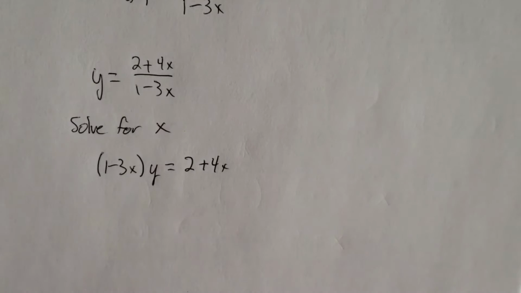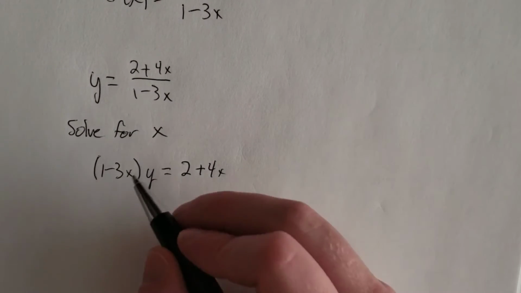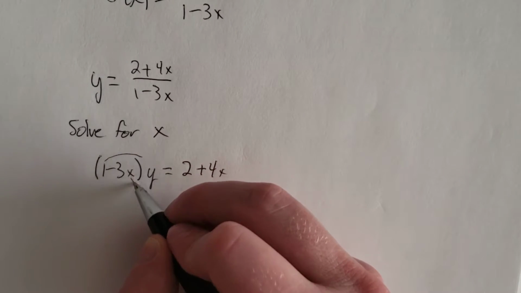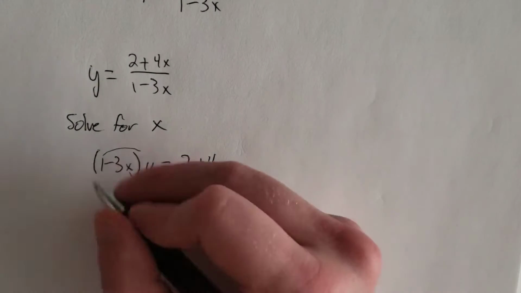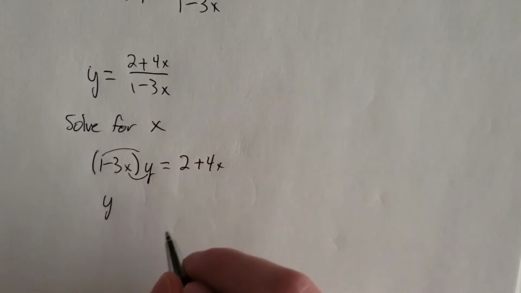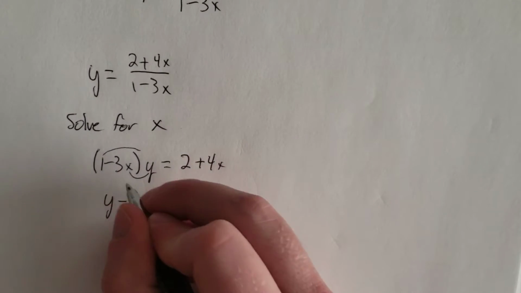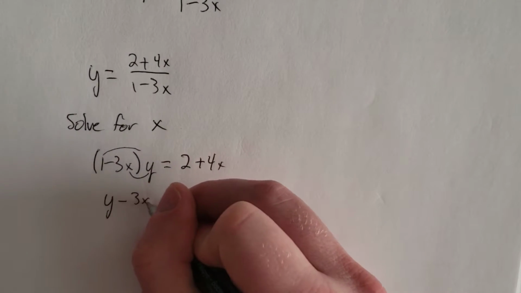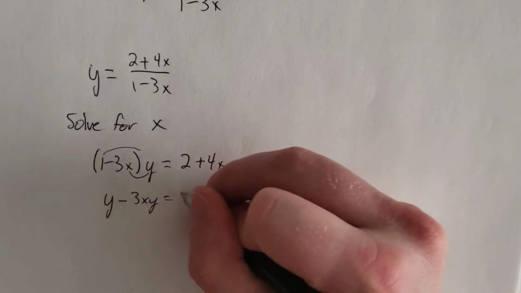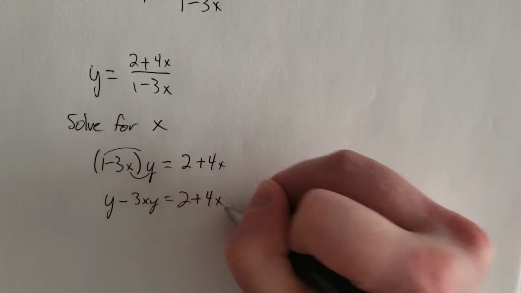Now we want to start moving all of the x's to one side and everything without an x to the other side. We can do that by first using the distributive property on the left. So this is y, 1 times y is y, minus 3x times y. And this is equal to 2 plus 4x.